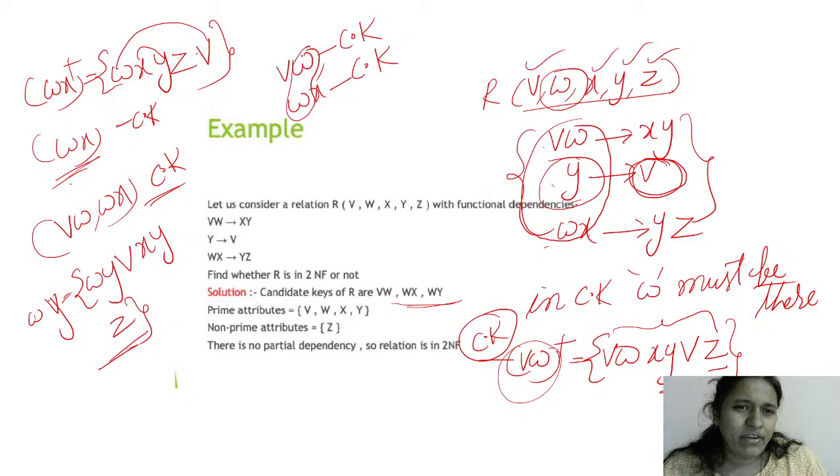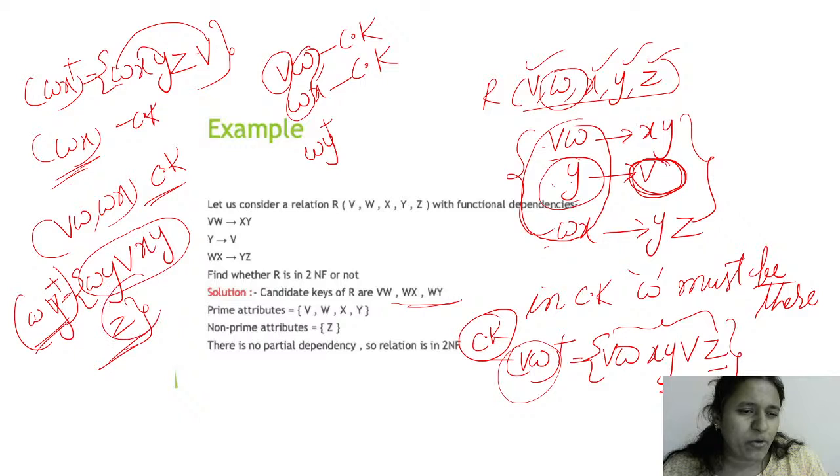That's why we are combining everything with W. Is V the right hand side of any functional dependency? Yes, V is the right hand side of Y. That's why we have to check WY also. We checked the WY closure and we got every attribute from the relation. Then WY also became a candidate key.